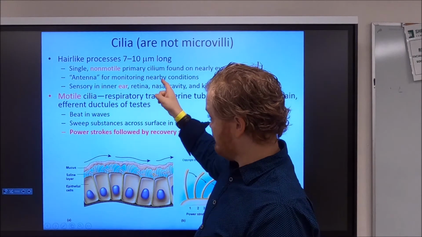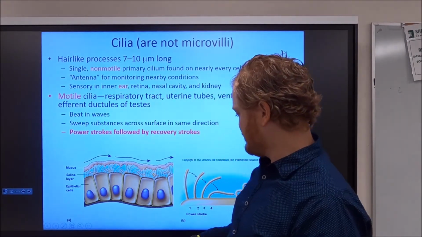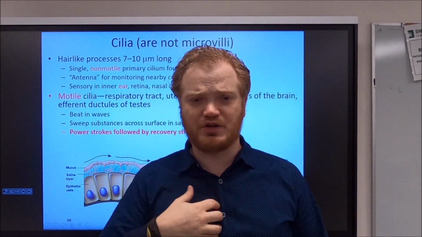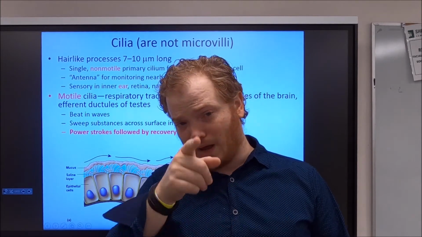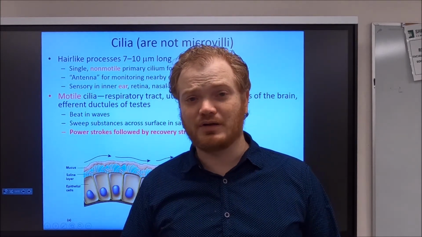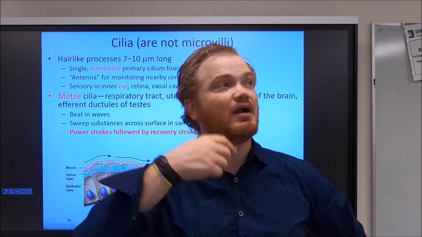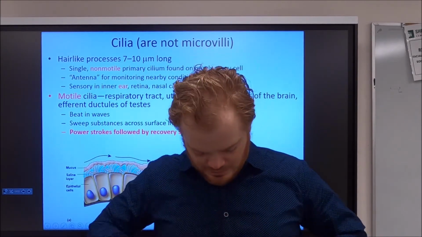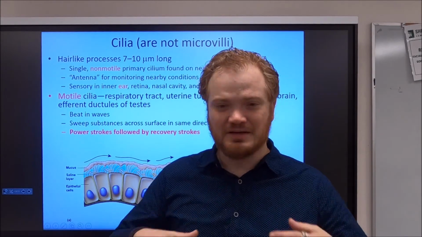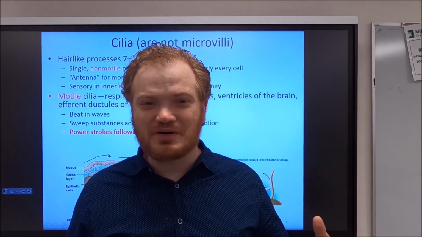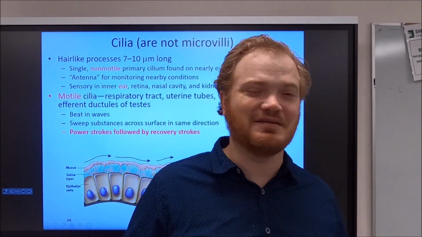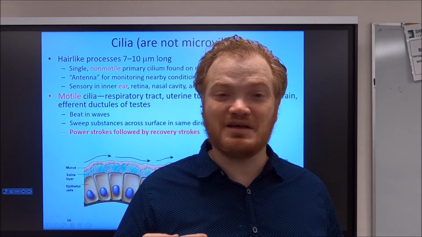A really good example of motile cilia in this fashion is what's seen in your tracheal passages. Every now and again, while you're sitting there watching this video, you're going to clear your throat, and what's happening is you're breathing in all the dust in the world around you. You know, dust your clothes and look in a light, and you'll see all sorts of stuff floating around in the air around you. And you're breathing that stuff in.